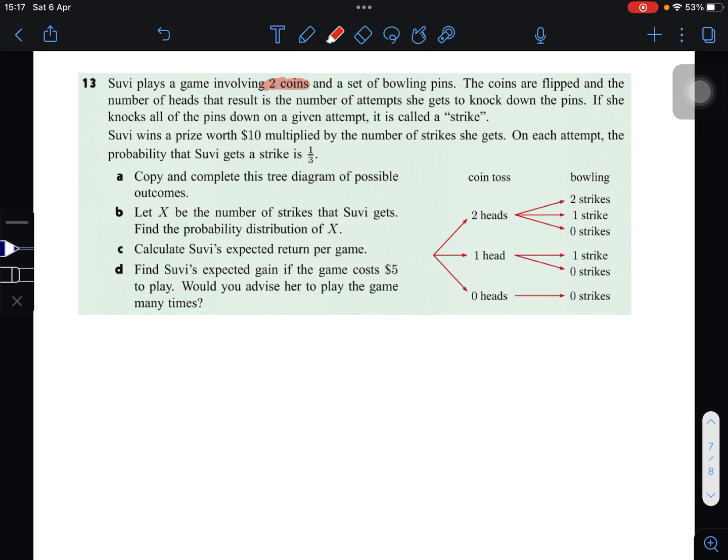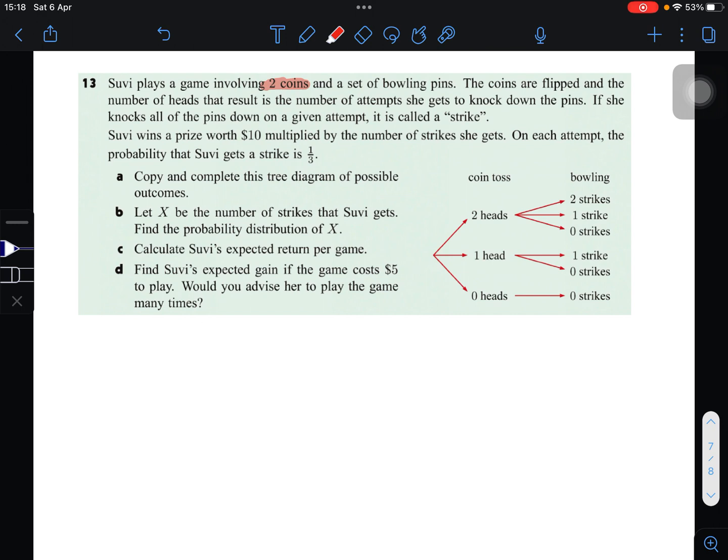If she knocks down all the pins in one given attempt, it's called a strike. Okay, fine, obviously. Suvi wins a $10 prize by the number of strikes she gets.